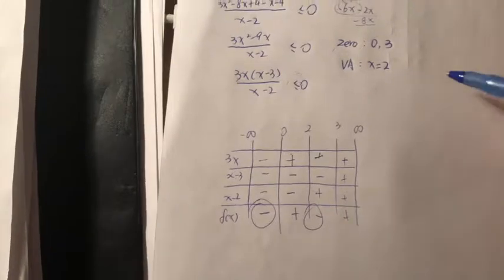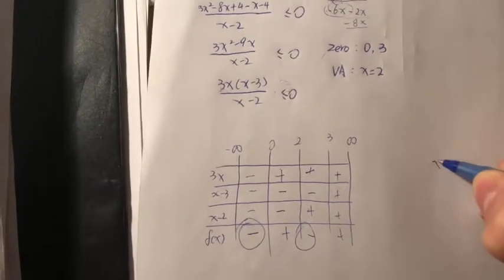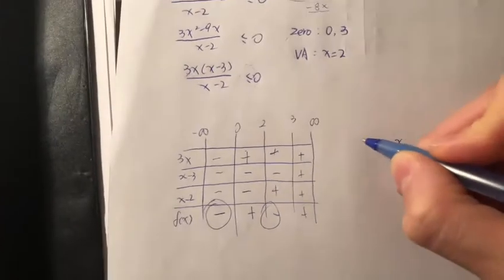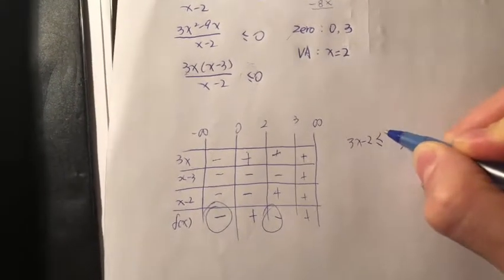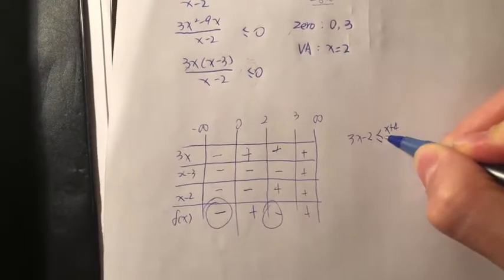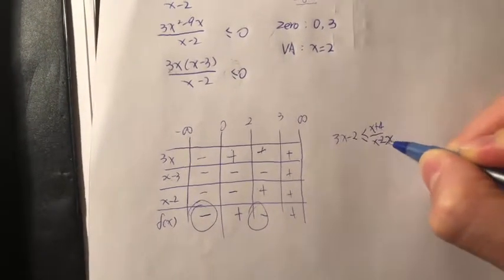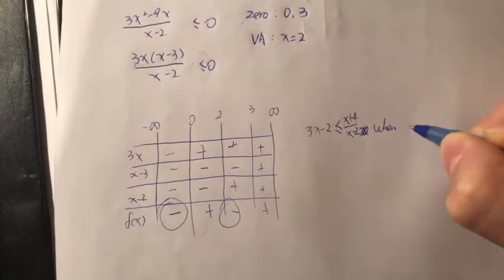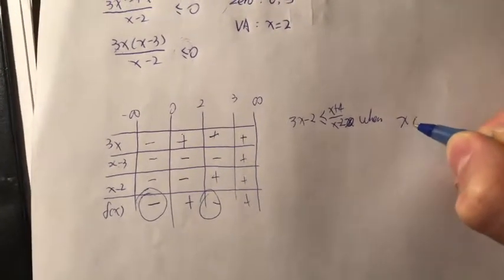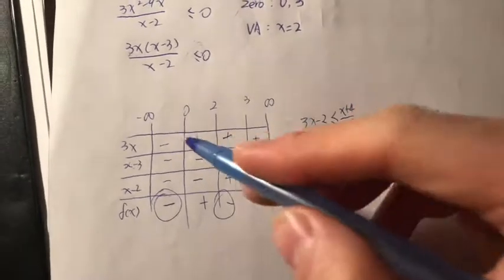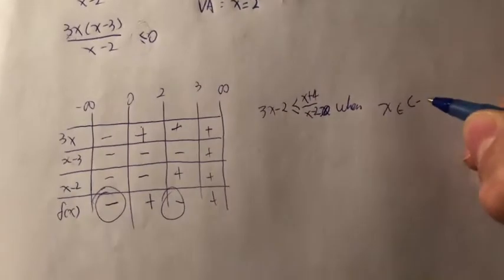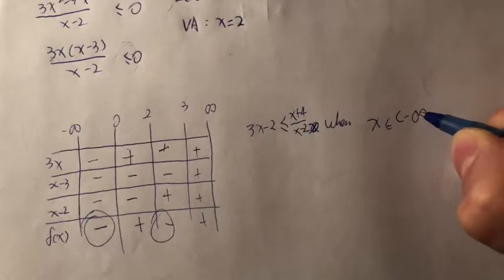Now we know the answer is that x will be smaller, so you write it down. When x is from, okay, you cannot really include negative infinity because you can't.